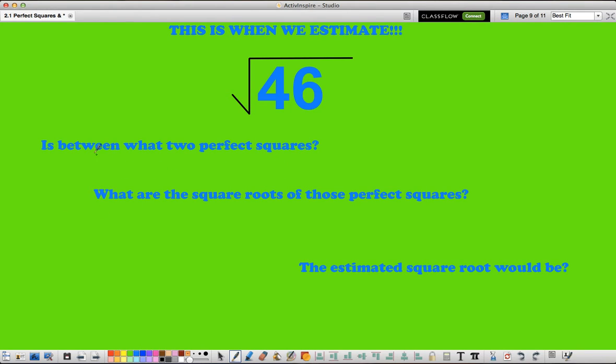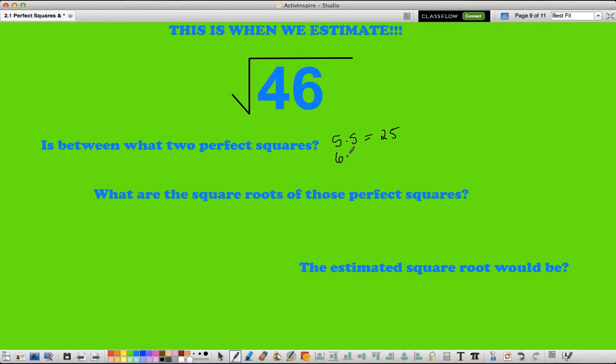So what we do is we say, okay, what two perfect squares is this in between? So I know that 46, well, I'm going to start looking at something I know. I know 5 times 5 gives me 25. So 25 is a perfect square, but it's too small.